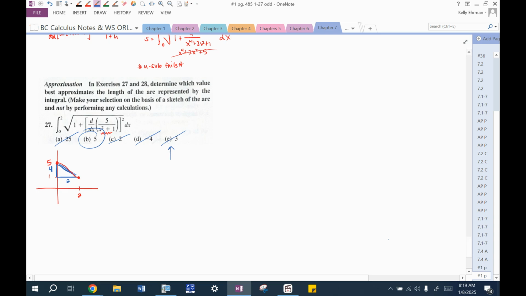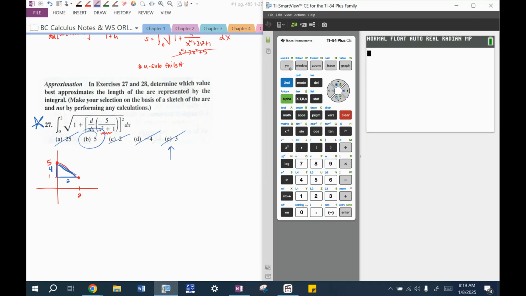I was looking at my answer key that I posted, and I think I was thinking about it wrong. I did come to the 3 conclusion, which is what the back of the book said. I'm going to need to think on this one more. If any of you have any insight as to why it wouldn't be 5, why it would be 3, let me know.